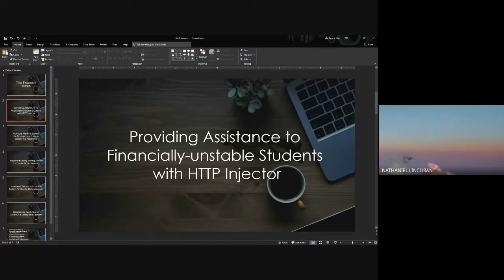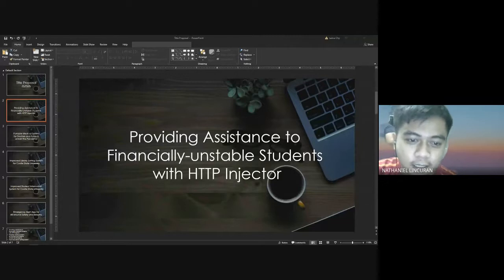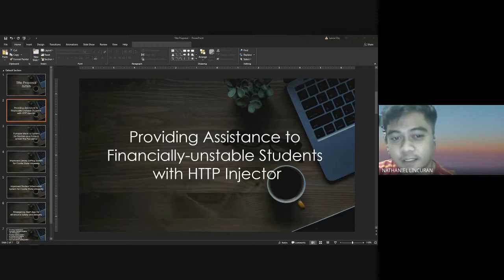So our first title would be Providing Assistance to Financially Unstable Students with HTTP Injector. For those who don't know, HTTP Injector is a professional VPN tool to browse the internet privately. So a typical VPN. What we would do with HTTP Injector is create an EHI file, the typical file that HTTP Injector uses for free data for students.